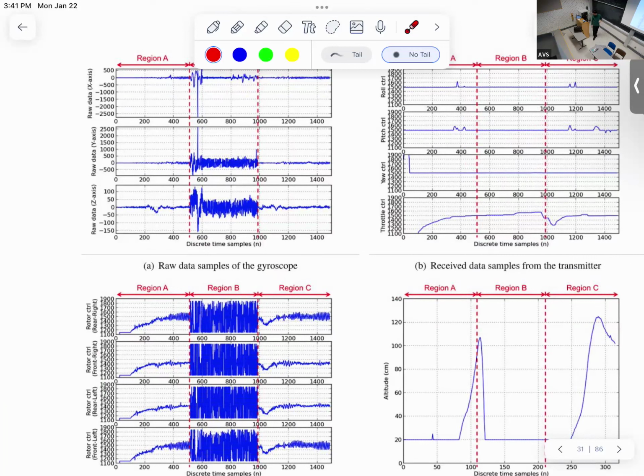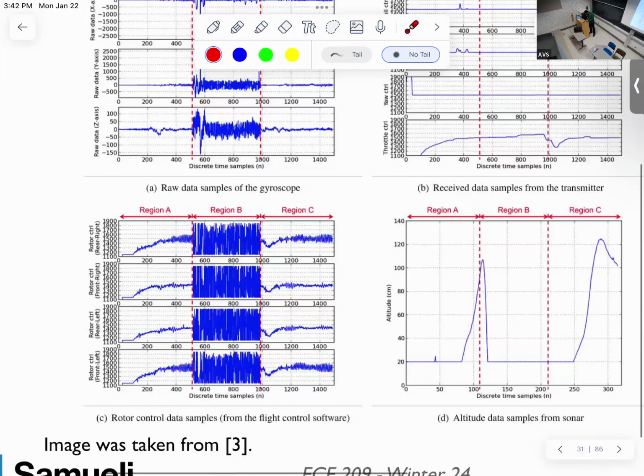The x-axis is time, and the y-axis is the value that has been read by the gyroscope. And as you can see, the attack works like this: initially nothing happens. At some point, the speaker starts broadcasting the sound. The moment that this happens, you see very random patterns from the gyroscope.